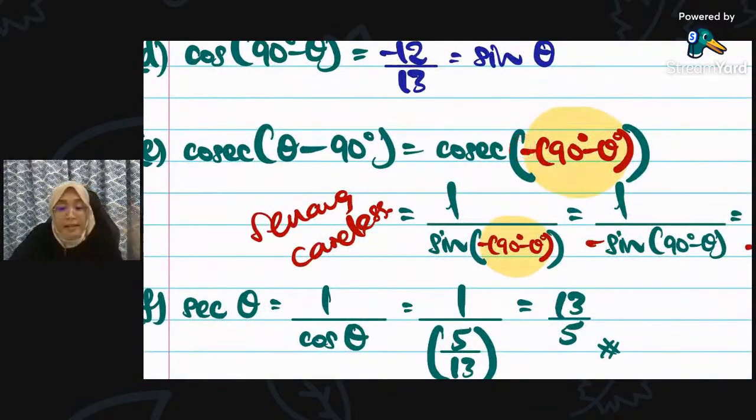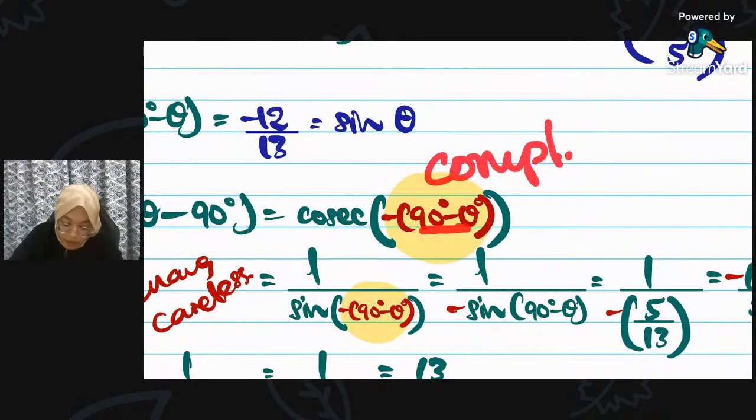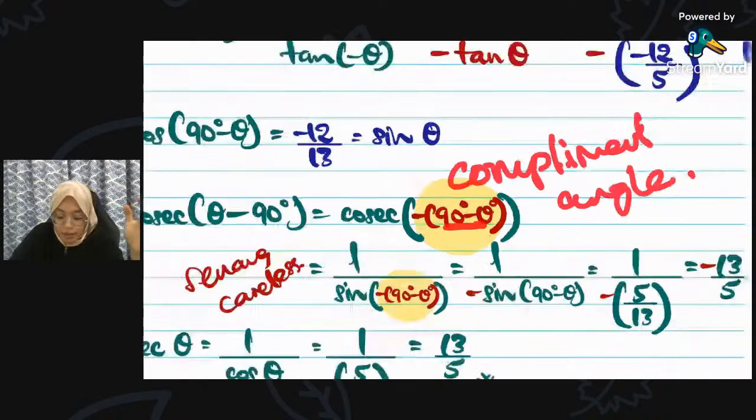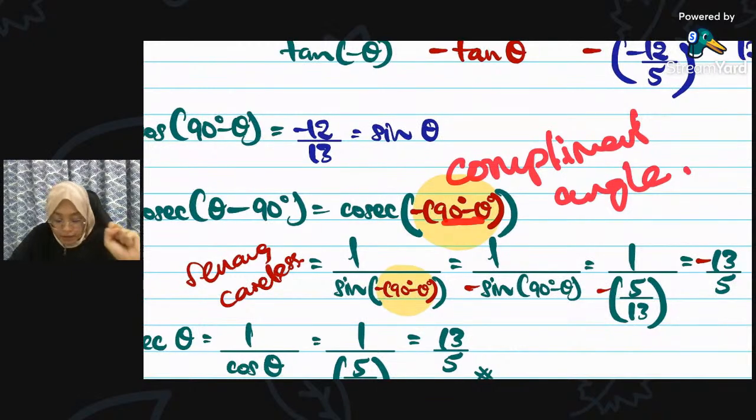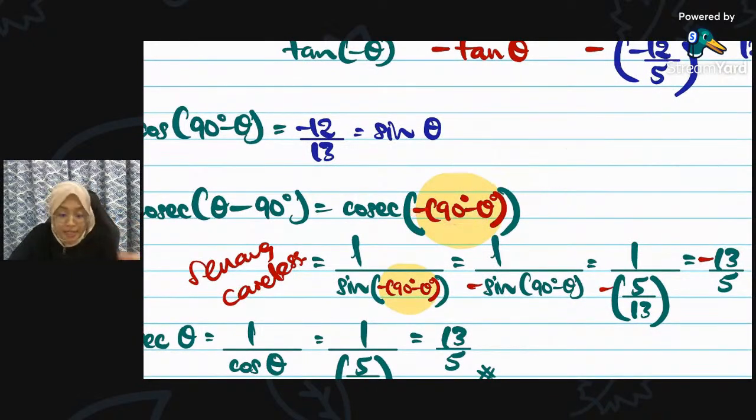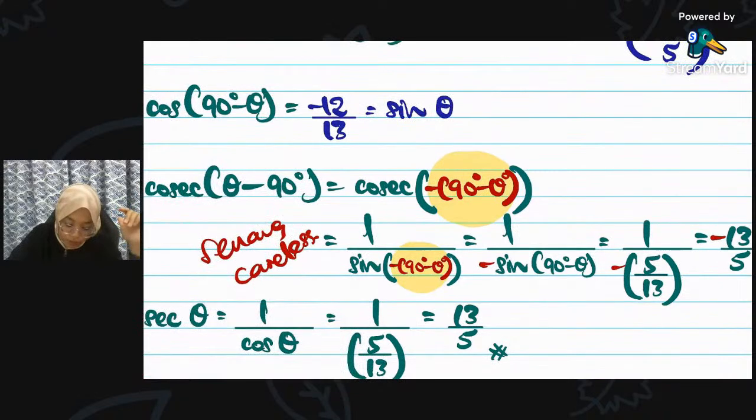Gotta bring the negative out first so that you can get exactly the complementary angle, you know? So you gotta dapatkan complementary angle, but gotta put negative outside, and then negative here still there.